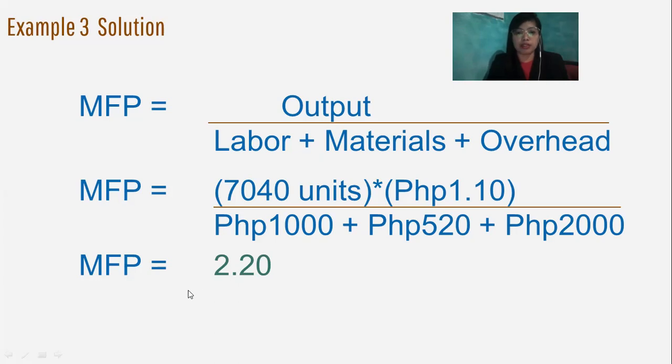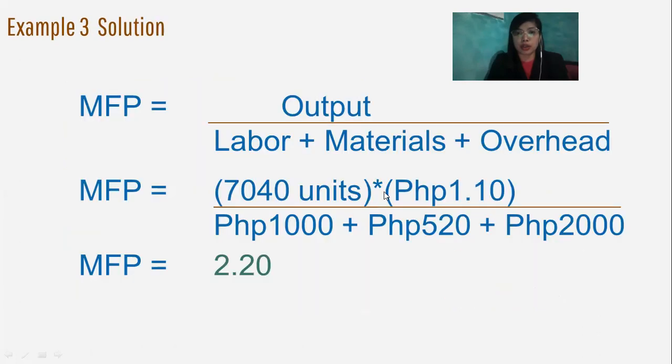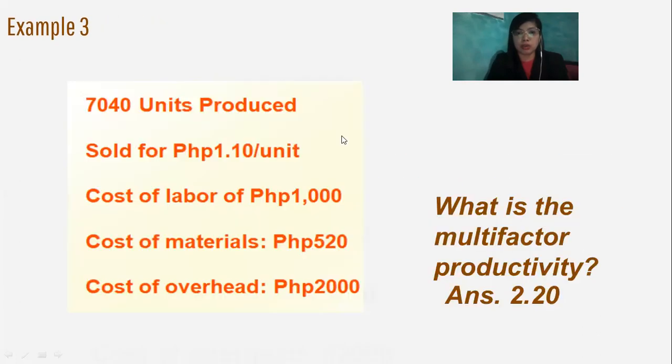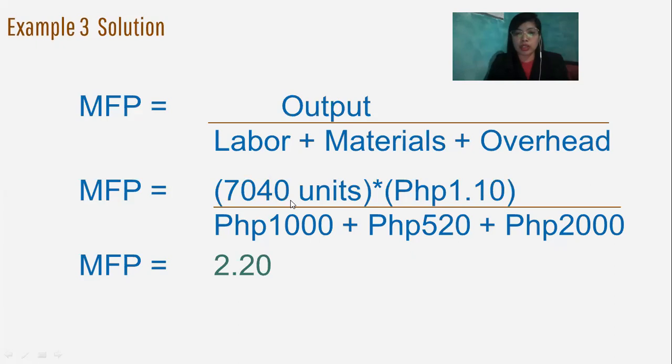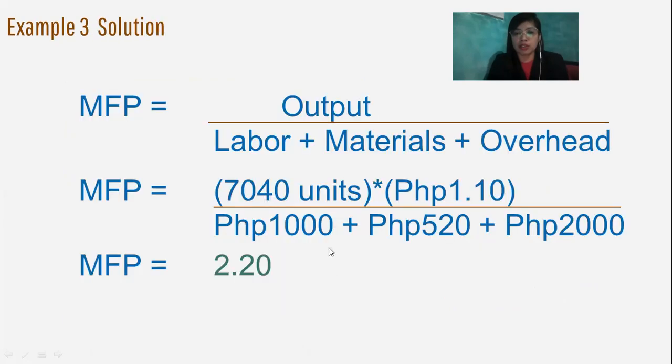The 1.10 is the amount per unit, so we multiply the 7,040 units by it.